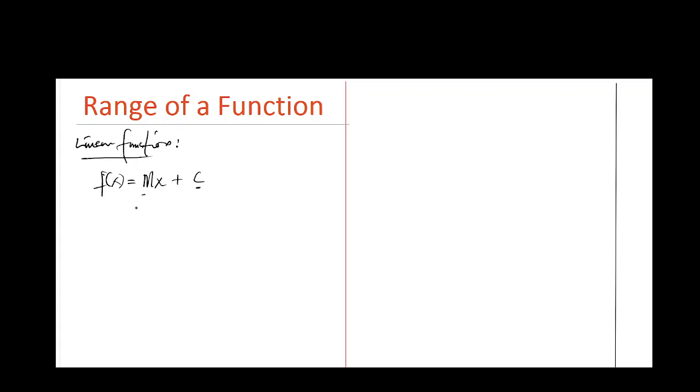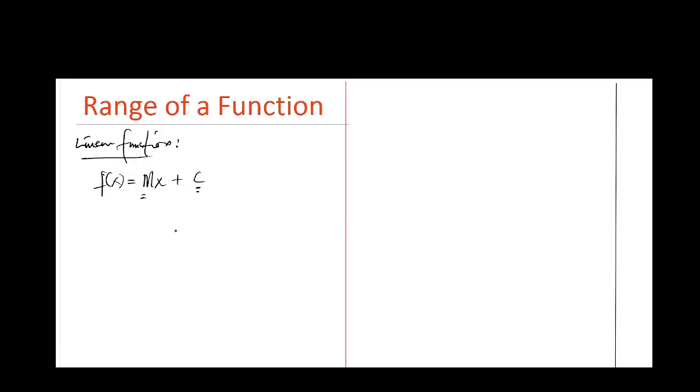This means that the straight line graph is determined by two critical points, which is the slope, and one point on the line, which is the y-intercept.